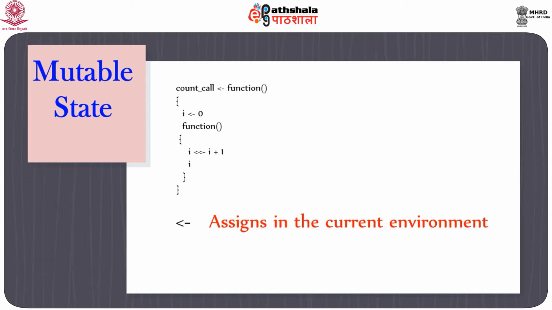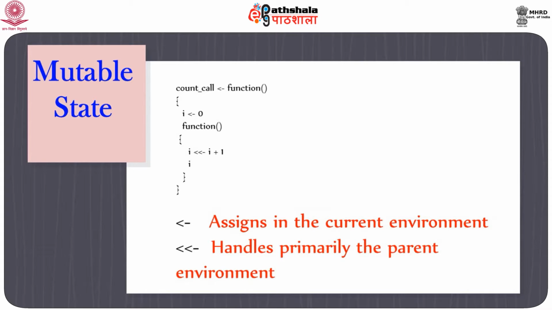We can do this primarily with the double arrow assignment. It seems a bit alien to most of you because in most cases we use the single arrow assignment, isn't it? But the two are meant for two different things, as we can understand.